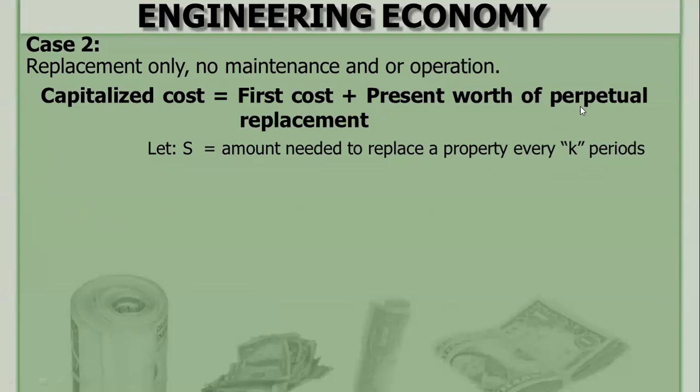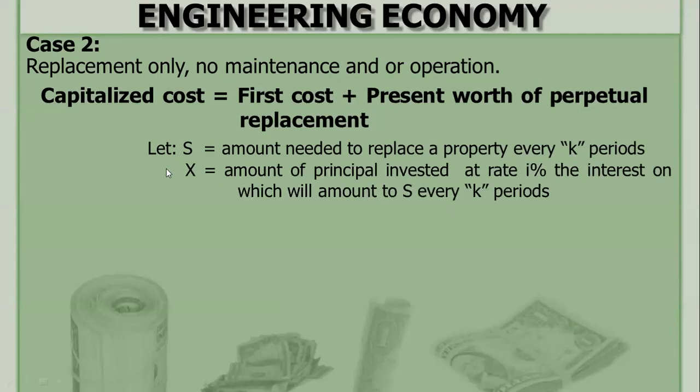How do we get the present worth of perpetual replacement? Let S be equal to the amount needed to replace a property every K periods, not every period, every K periods. And let X be the amount of principal invested at rate I%, the interest on which will amount to S every K periods.